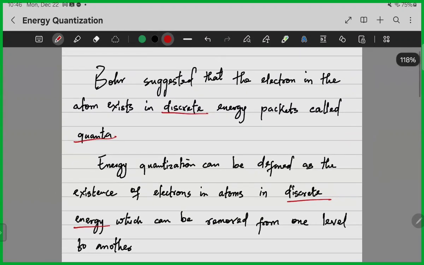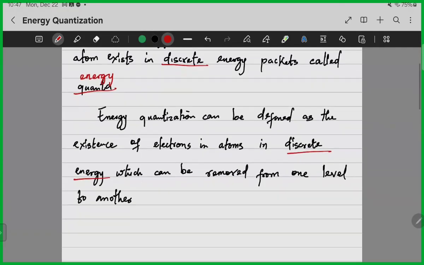So that discrete energy packet is called quanta. Energy in such discrete packets is called energy quanta.